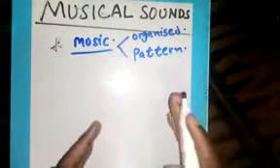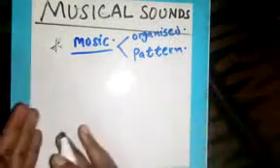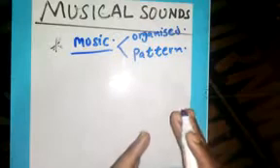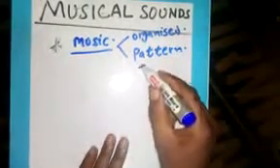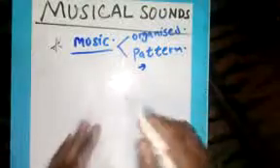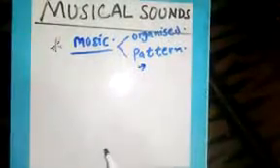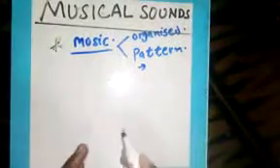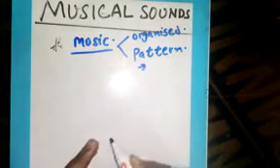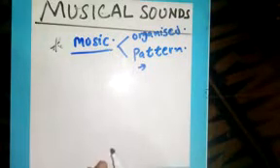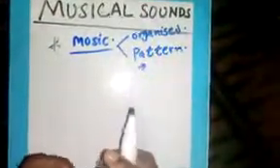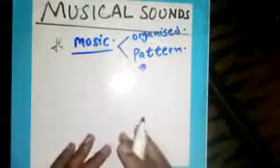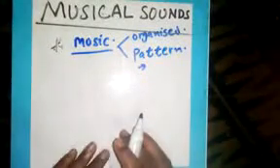That means there should be increase, decrease, high and low, and change. That is a pattern. This is what we call music. Music is sound which is in a pattern and organized way. Music is also a combination of tones. When you put the tones together and combine them, you end up getting music.